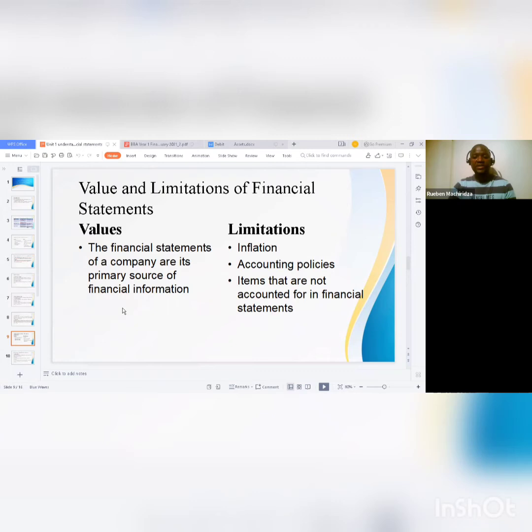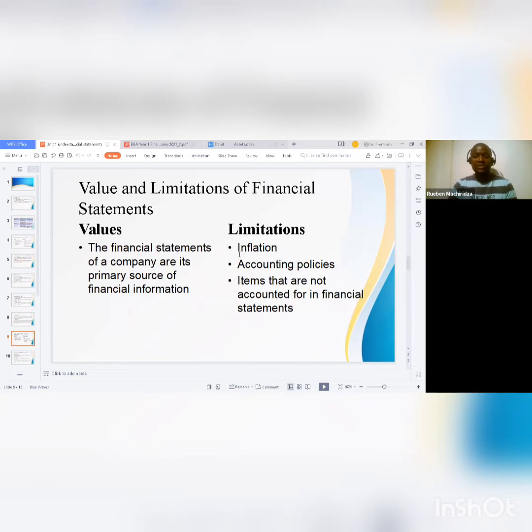The first limitation is that of inflation. You will see that at no point in our lectures or in our module are we going to talk about the impact of inflation on the financial statements, because the accounting profession as a whole does not take inflation into account when preparing the financial statements. What impact does this have? Obviously, a rand that we earn today is different from a rand that we earn next year.